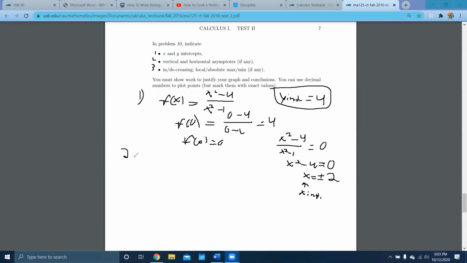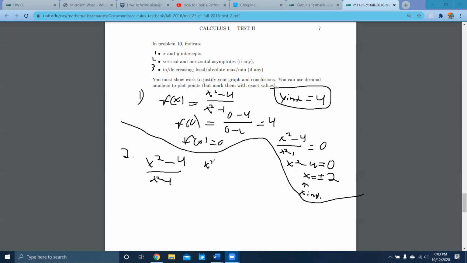So next, part 2, increasing, decreasing, all that fun stuff. Or vertical, horizontal asymptotes, my bad. So since we have x squared minus 4 over x squared minus 1, x squared over x squared, it has the same power.